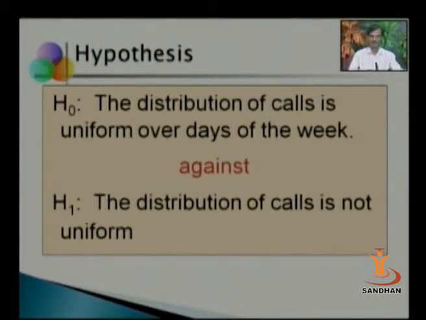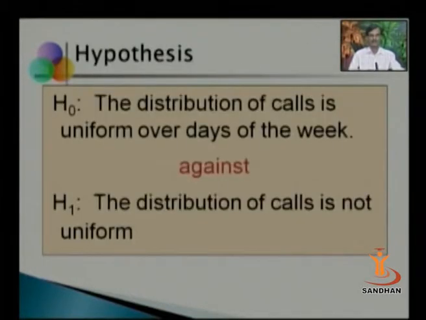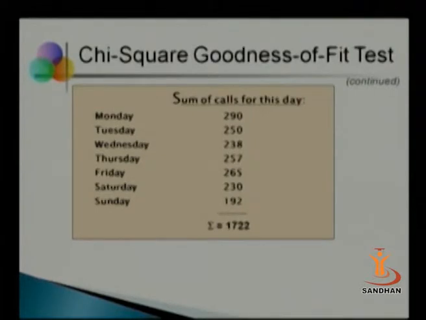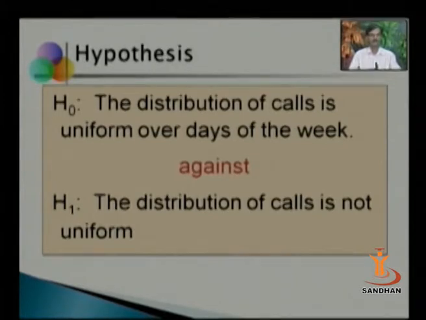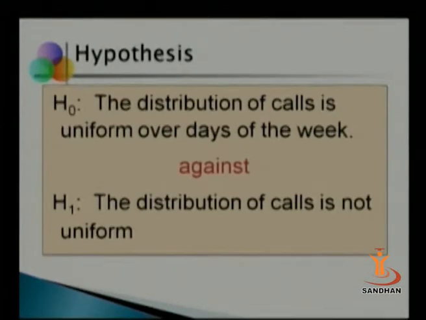Our objective is to test whether the observed frequencies differ from the expected data. Expected means we expect that it follows a uniform distribution, that all these 1722 calls are uniformly distributed over the 7 days of the week.